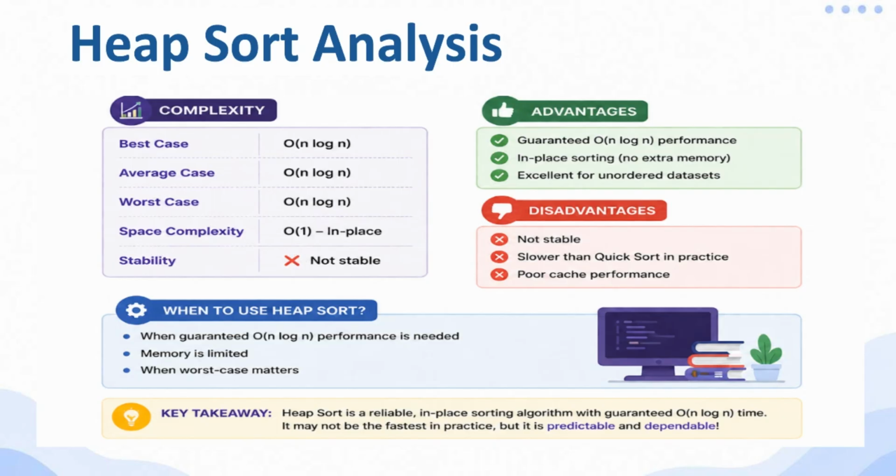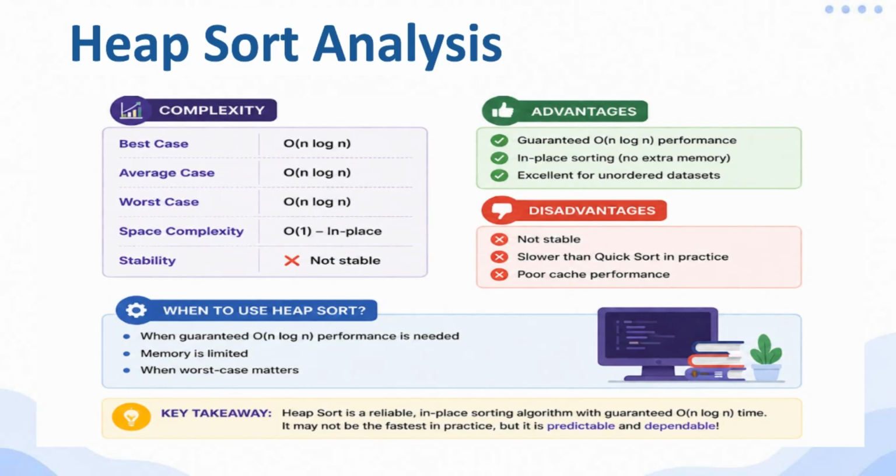And when we talk about the advantages, it has a guaranteed O(n log n) performance, as you can see from this, and it is in-place sorting, so there's no extra memory needed.